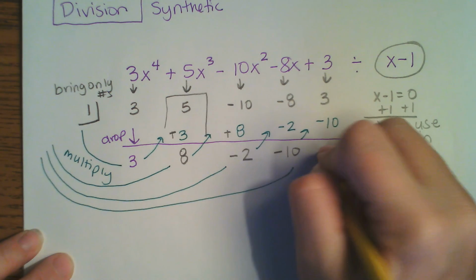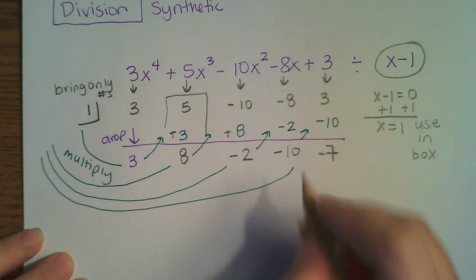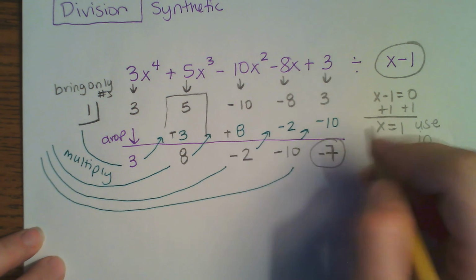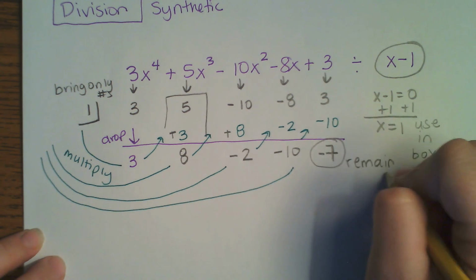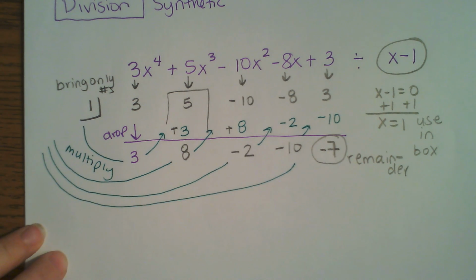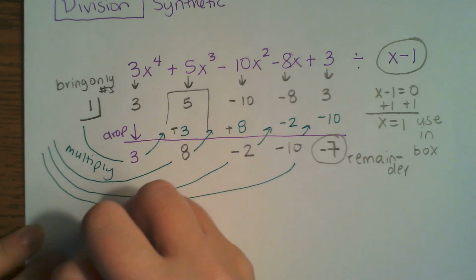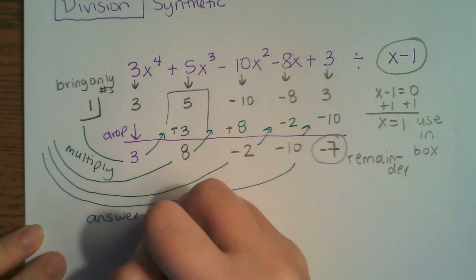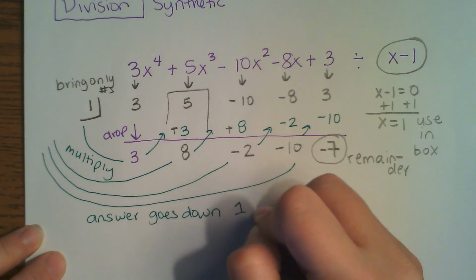So the students in the class were saying that they got a remainder of negative 7, which is true. That's fine. We can get a remainder on these. We haven't seen a remainder in a little bit. The remainder is negative 7. So they want you to write your answer. The answer goes down one exponent.